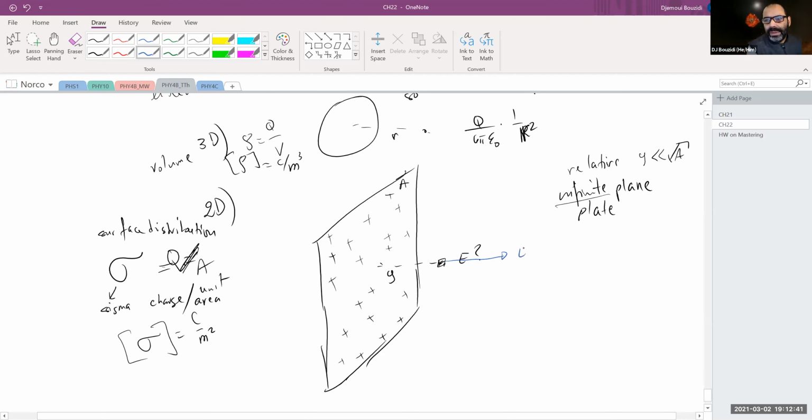And let me tell you why. Because if you somehow argue that it's pointing this way, all I have to do is spin it just enough, and then the electric field will spin with it. So I ask you, did anything change in the distribution of charge? You say, no, it looks the same after you open your eyes. But why in the world has the electric field changed direction then?